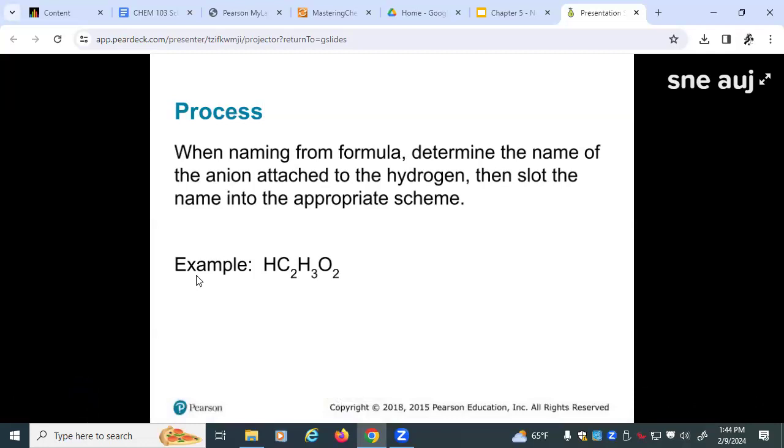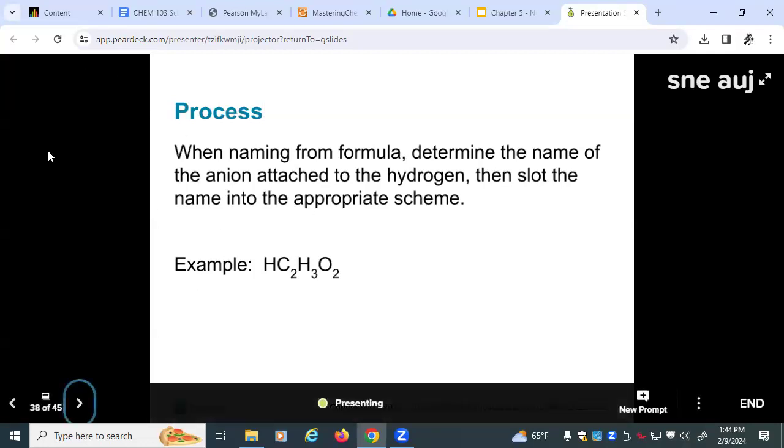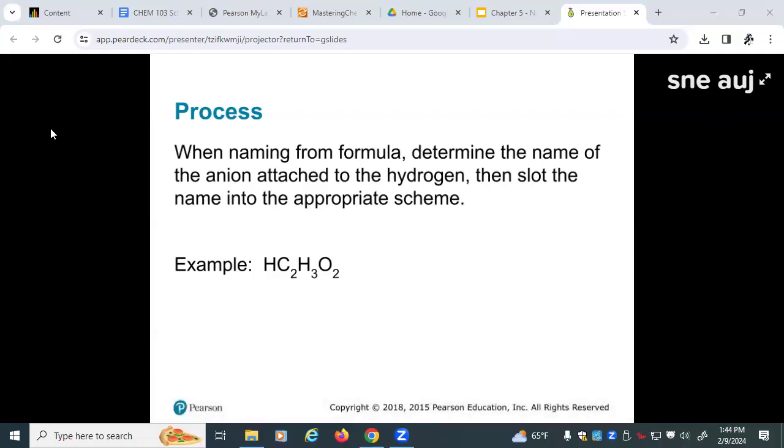And so it really becomes a matter of, and I hate saying this because I feel like I keep reiterating the same point this week, you have to know your polyatomic ions list. Because this becomes a matter of recognition. I look at this and say, okay, hydrogen's the start. I know it's an acid. What's attached to the acid? Okay, that's the acetate ion.